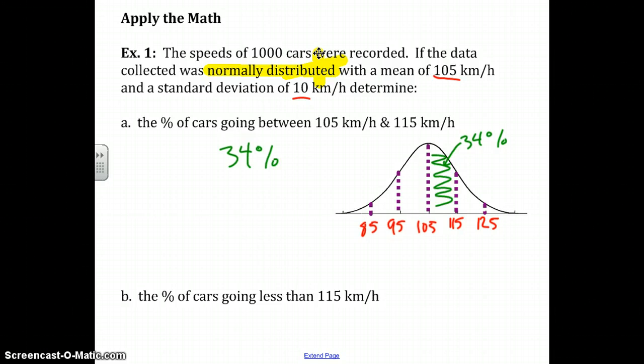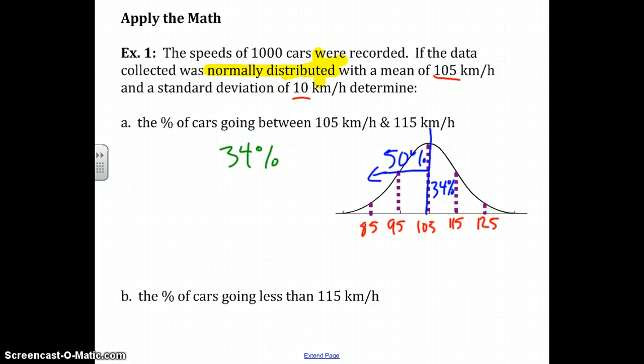Okay, part B. The percent of cars going less than 115 kilometers per hour. Okay, well, I'm going to erase what we have here. So we know that we have 34% of the cars in here, so those ones are going less than 115, and we also know that half of our data lies on this side of the mean. So that's 50% of our data.